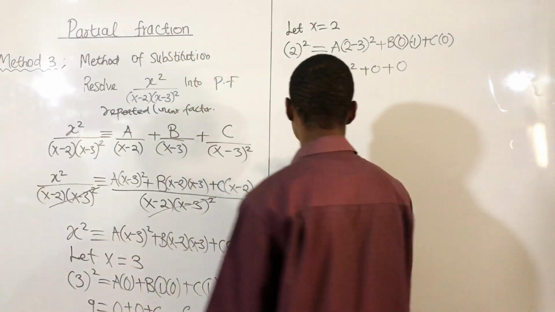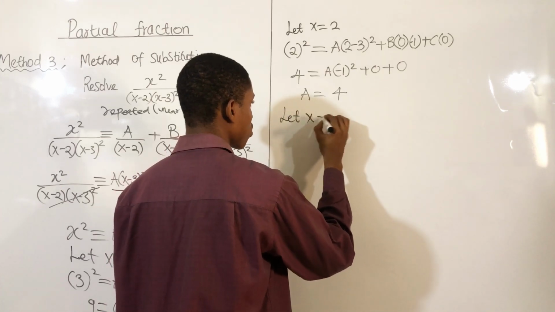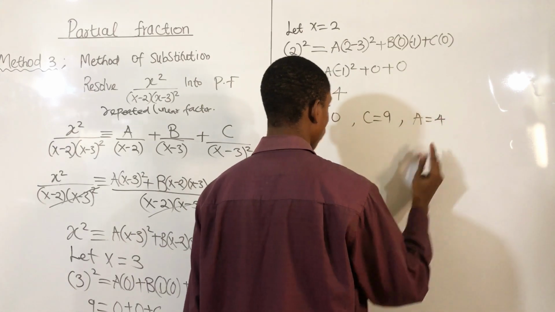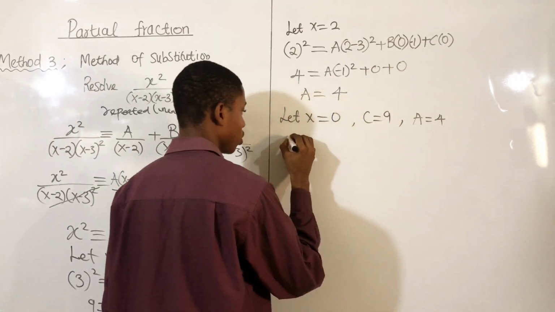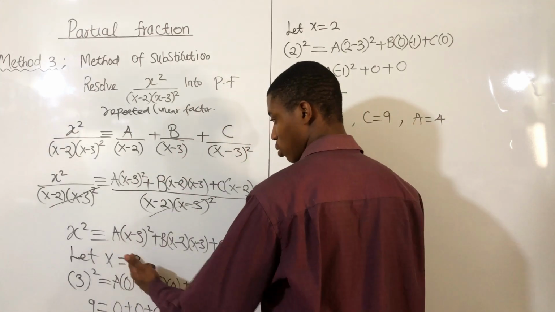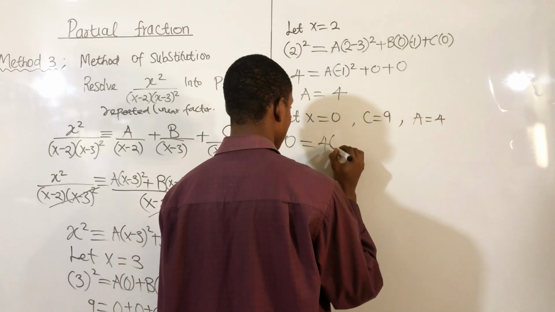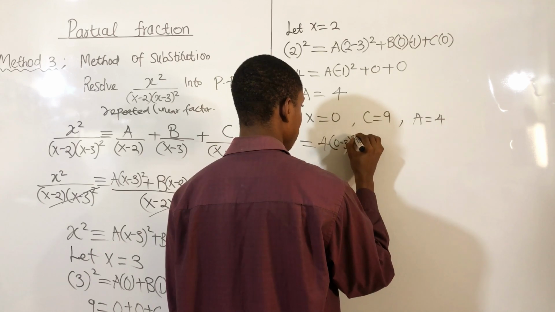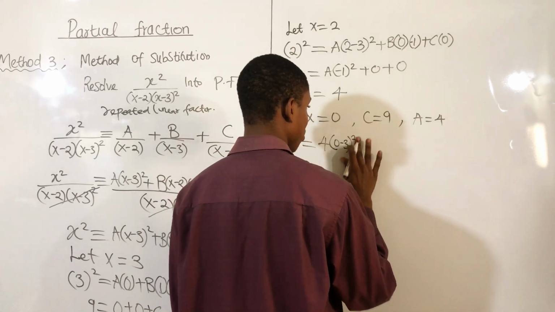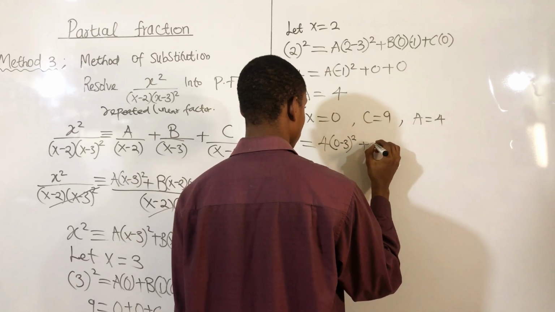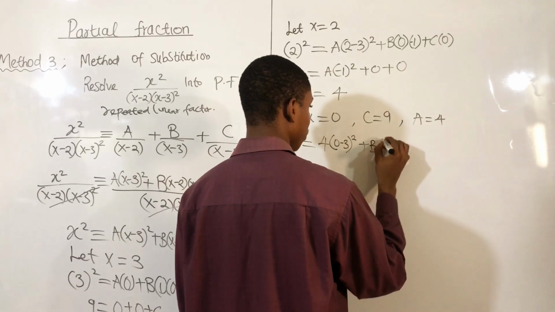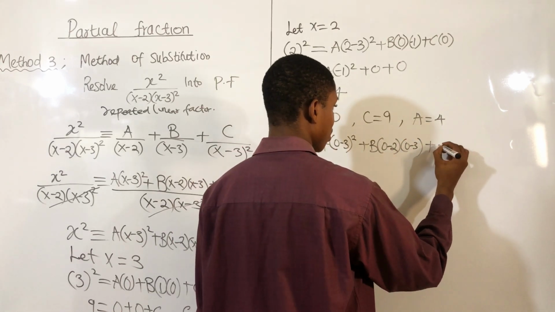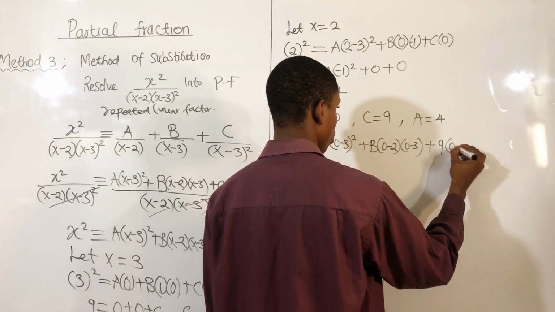So we're going to say let x be equal to 0, C equals 9, and A equals 4. So we do that, we're having 0 squared, which is 0, is equal to A, which is 4, times (0 minus 3) squared, plus B times (0 minus 2)(0 minus 3), plus C, of course C is 9, so we have 9 times (0 minus 2).